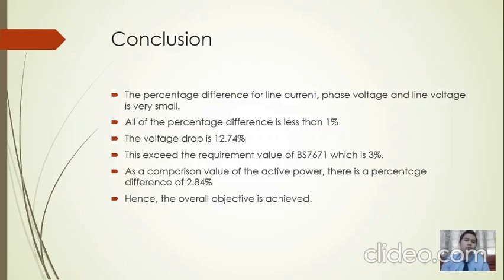This voltage drop exceeds the requirement value of BS7671, where the requirement value is 3%. As you can see, the difference between these two voltage drops is a big value, so this voltage drop is not acceptable because it exceeds the requirement value of BS7671.